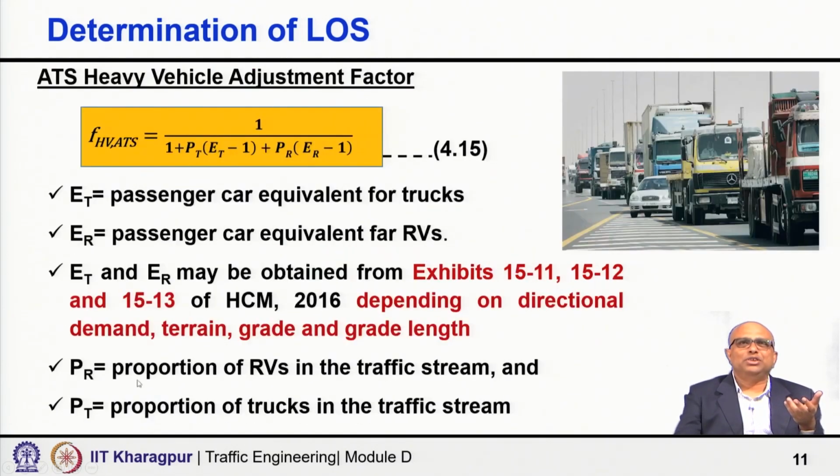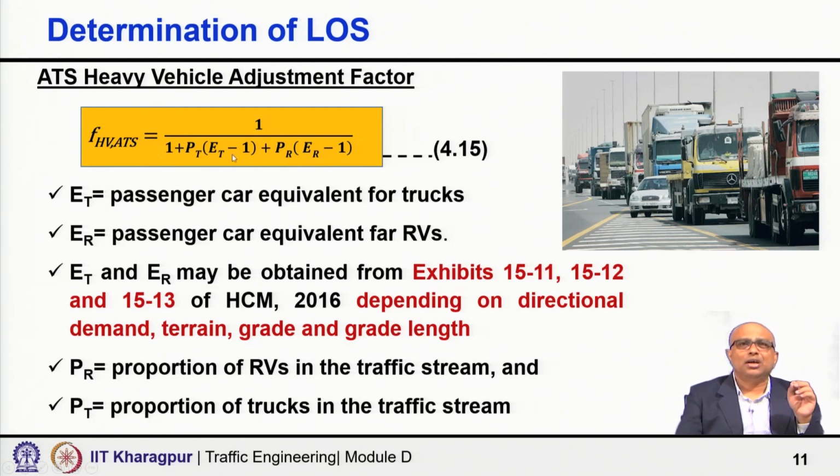Now, to get FHV ATS, this is the equation. You are familiar with this equation; we need to consider the passenger car equivalency, and here two types of vehicles are considered: the recreational vehicles and the trucks or heavy commercial vehicles. Now, where will we get the values of ET and ER, the passenger car equivalency, PCE or PCU?